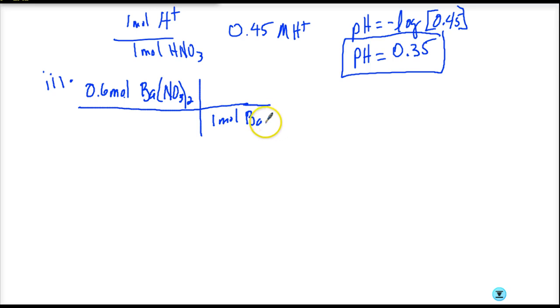You have to show this molar ratio, by the way. This part you do have to show when you're getting a 2 to 1, like I showed it up here. They want to see that you know molar ratios. They're all about some molar ratios. And 2 moles of NO3 minus for every 1 mole of that.